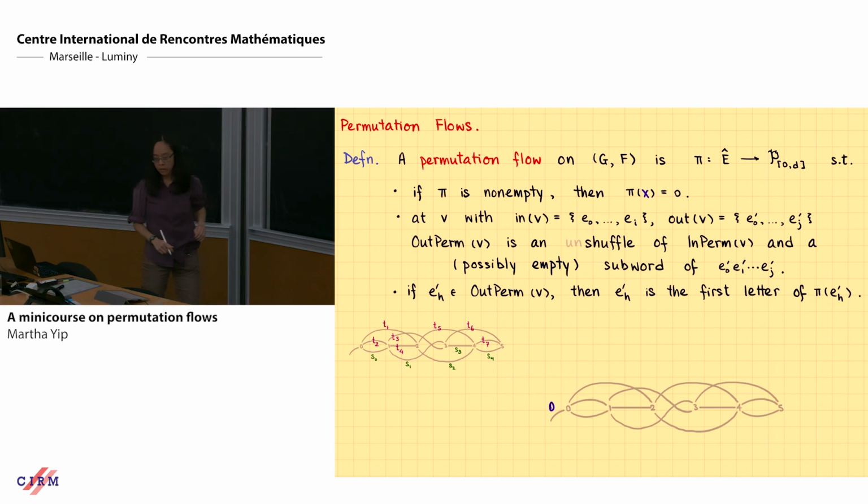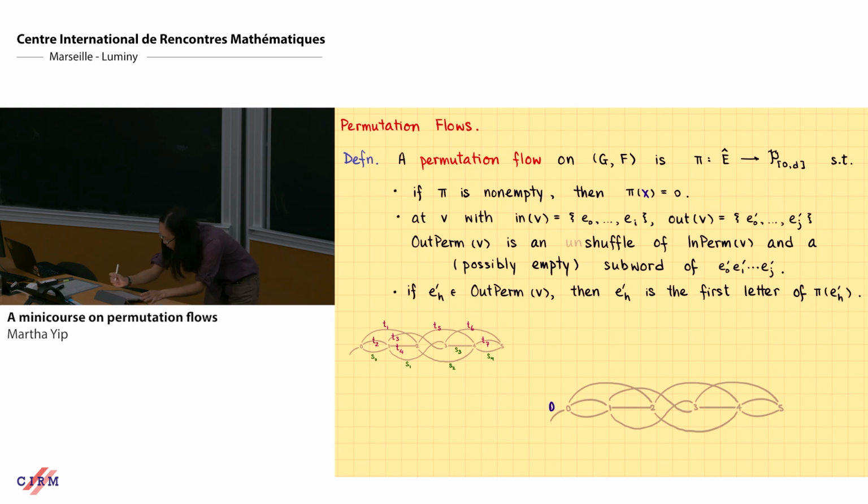Then I decide, with an incoming flow, which letters I want to shuffle with. I can shuffle with the letters 1 or 2, according to this. I'm going to pick just a shuffle with 1.